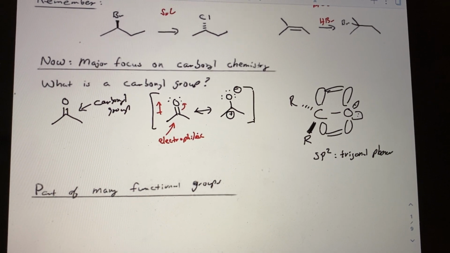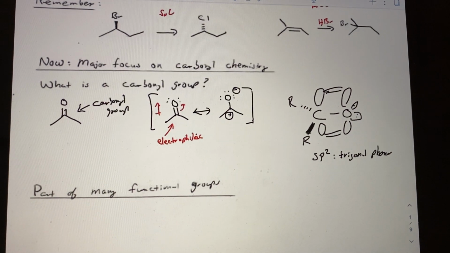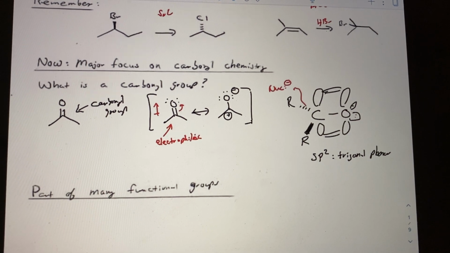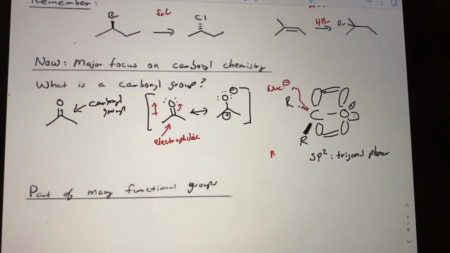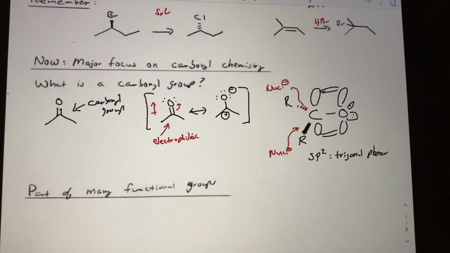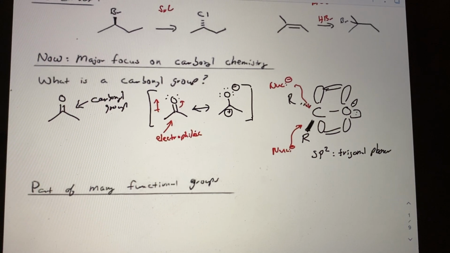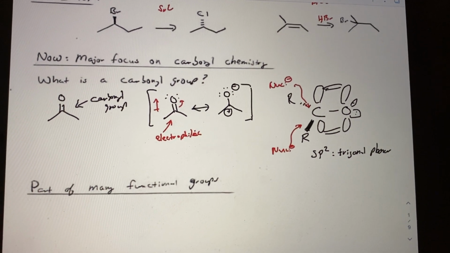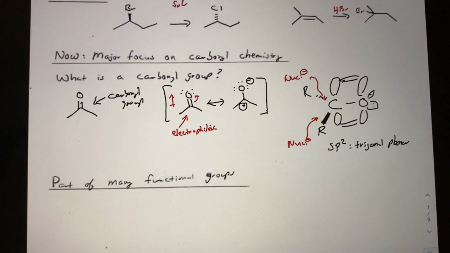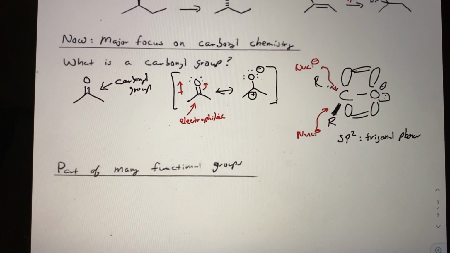So what we're going to end up seeing is that we'll be able to have nucleophiles attacking this carbonyl group, either from the top face or the bottom face of this carbonyl group. And that's going to be important later on as we start thinking about stereochemistry of our reactions. So here I just wanted to set up that the carbonyl group, C double bond O, is going to show up a lot in our discussion.